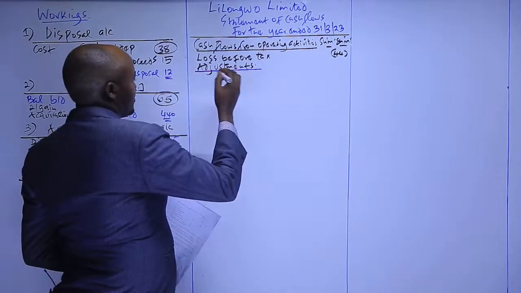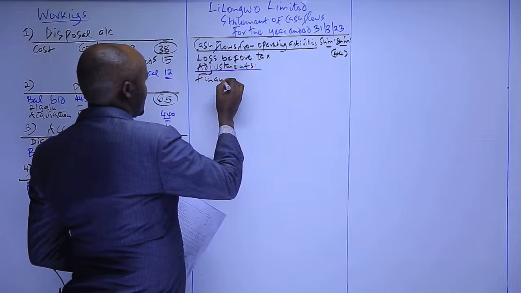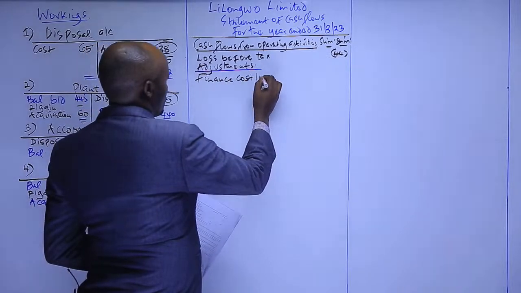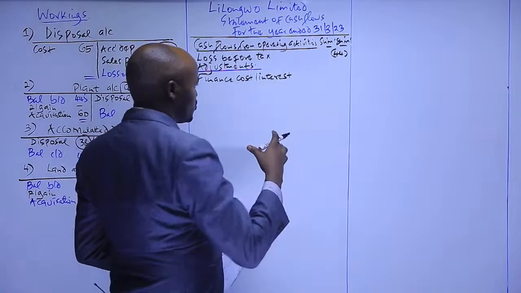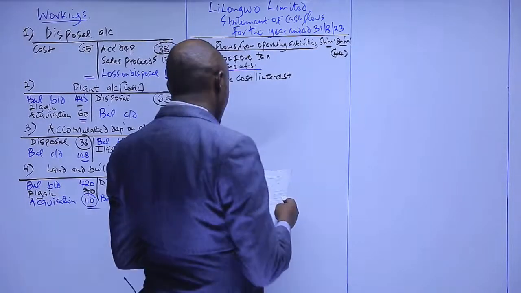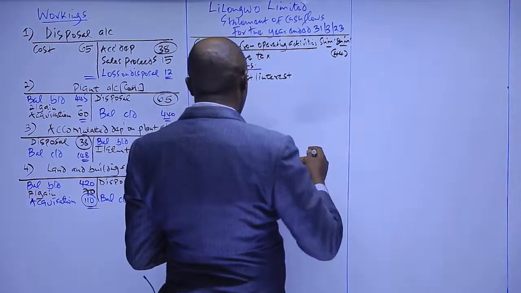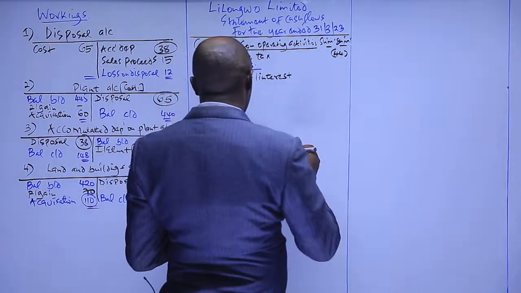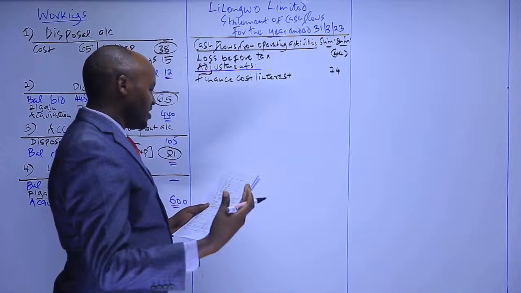The first item we need to adjust is the finance cost or interest, so that we have the profit before interest and tax. That is given in note number 4, just above the loss before tax, where we have the finance cost, which is 24. We add it back, so that now we have the loss before interest and tax.